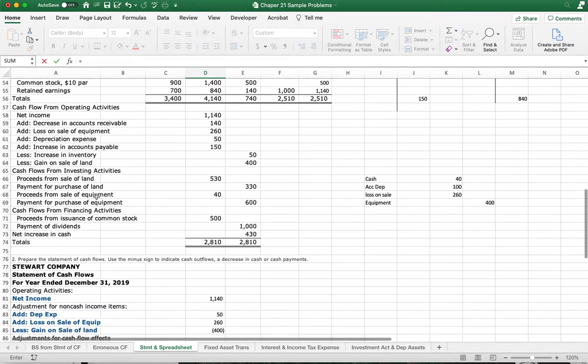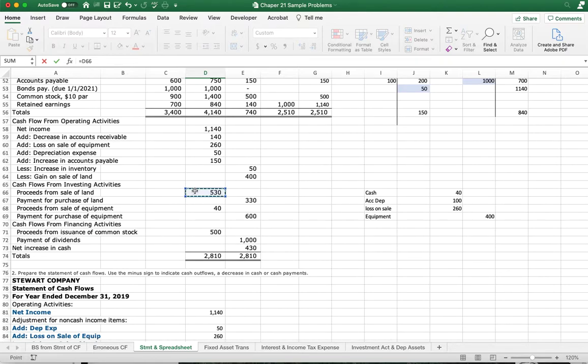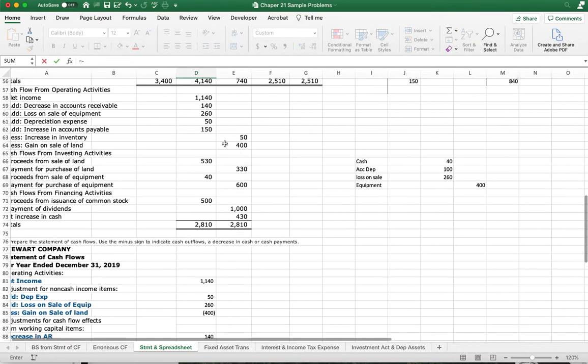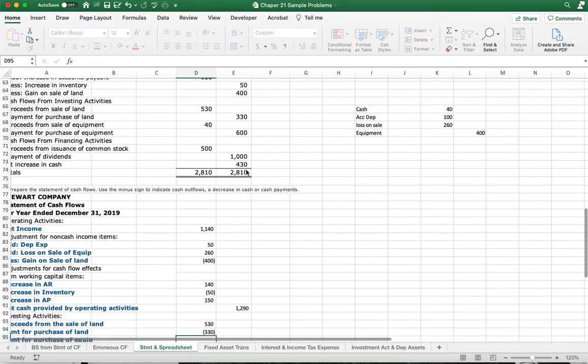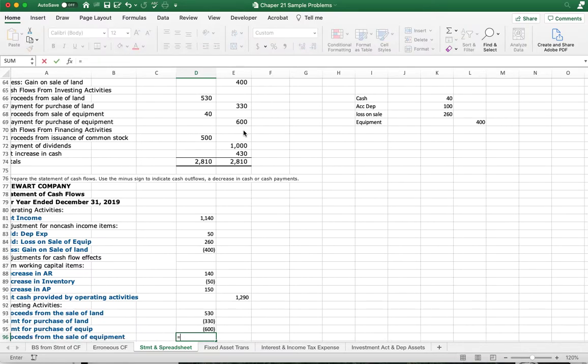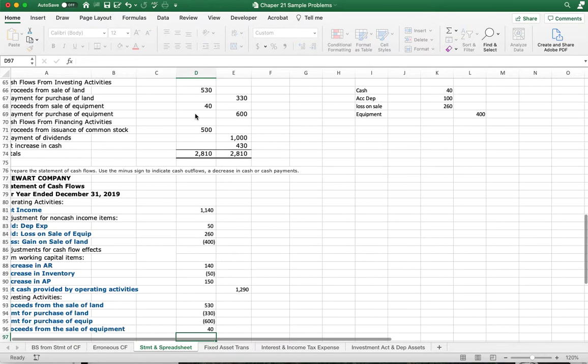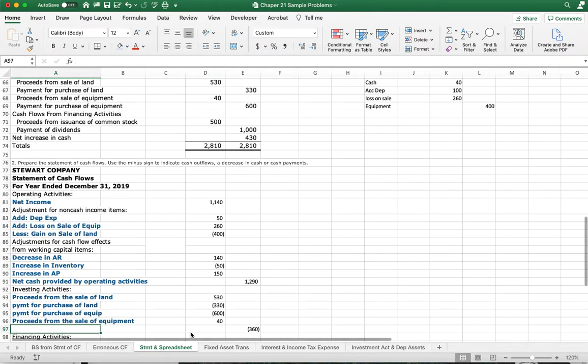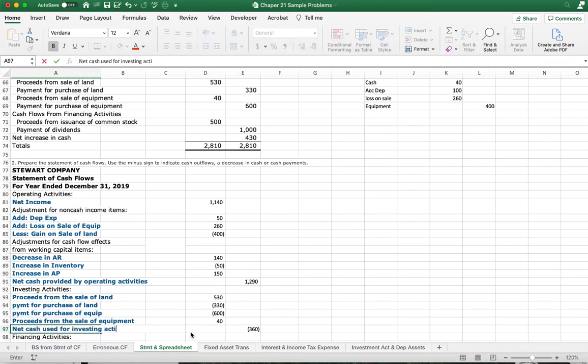And then again, we're just going to reference back up proceeds from the sale of land, 530. The payment for the purchase of land, 330. The payment for the purchase of equipment, 600. The proceeds from the sale of equipment, 40. And we'll do a sum function here. Which gives us a negative, so an outflow. So we'll show the net cash used for investing activities.